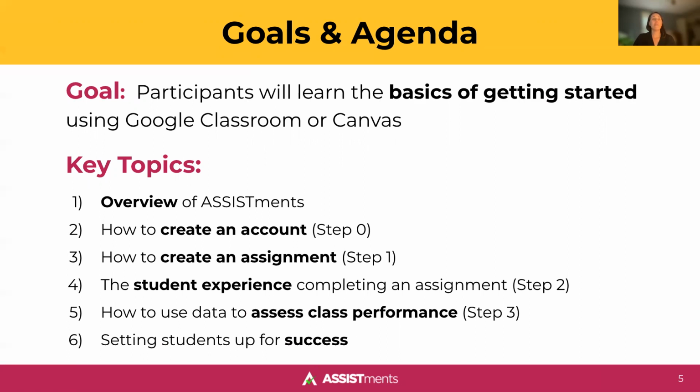We'll talk about the different ways to create an assignment and locate the content that you have. We'll get to walk through the student experience so you can actually play the student and see what that looks like. And then we'll close up by talking about how you can use data to assess class performance. And then we'll close up with setting students up for success.